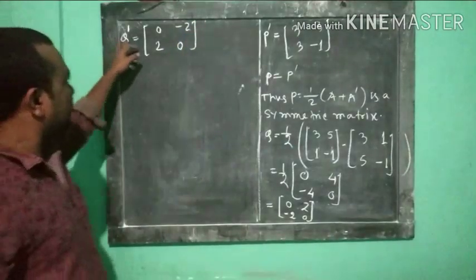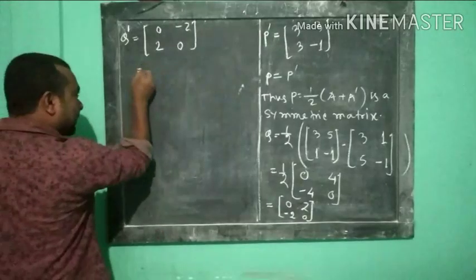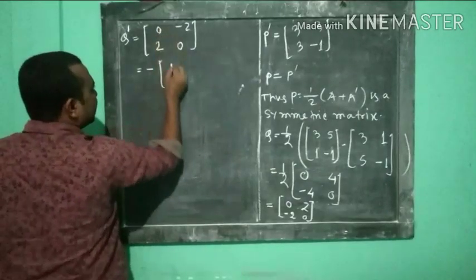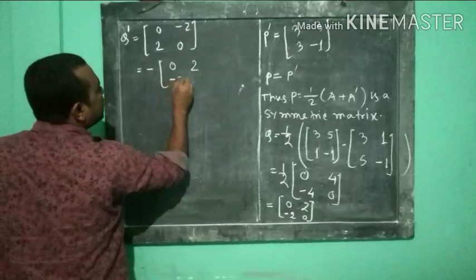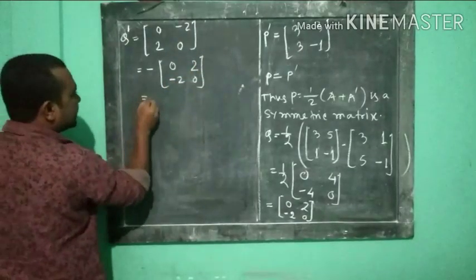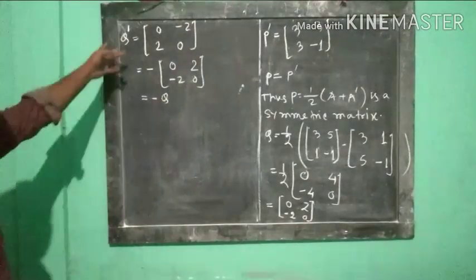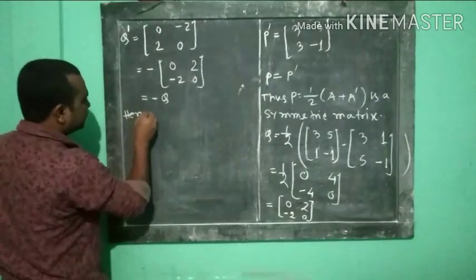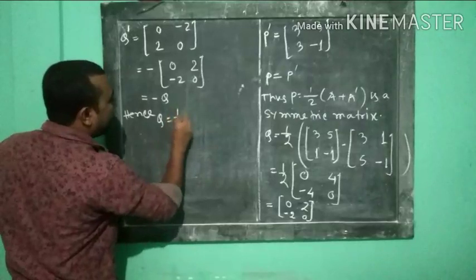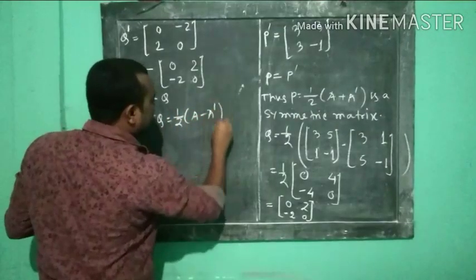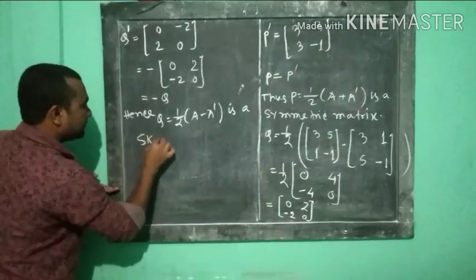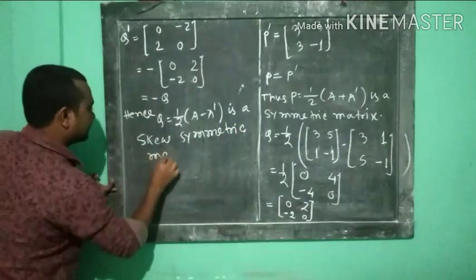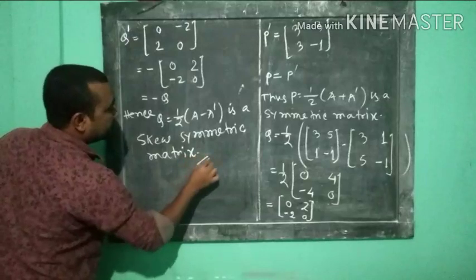If we take the negative sign common, then we get 0, 2 and minus 2, 0, which can be written as minus Q. Since Q transpose is equal to minus Q, we can easily say that Q equals half of A minus A transpose is a skew symmetric matrix.